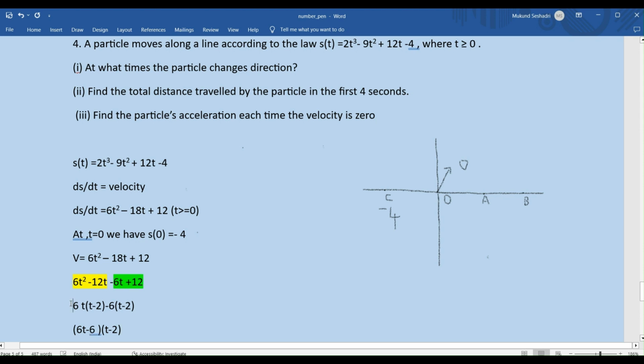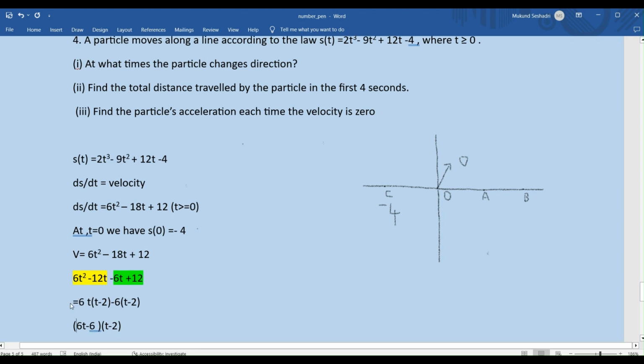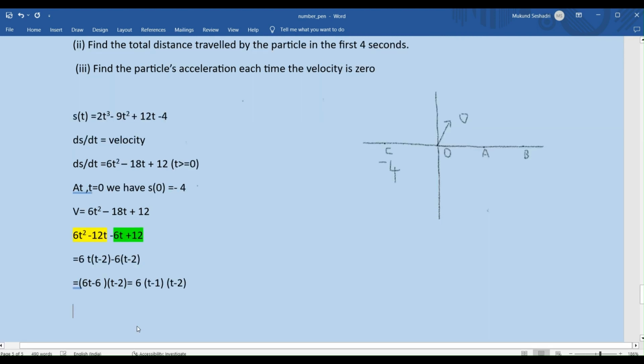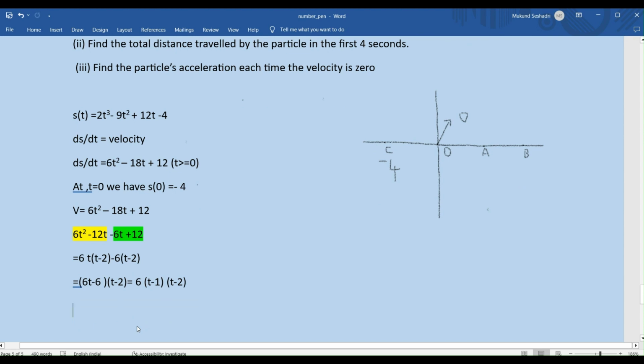So my velocity is basically represented by 6 into t minus 1 into t minus 2. 6 is a common factor. Now you watch this very closely. What do we mean by when the particle changes direction? When the velocity moves from positive to negative or negative to positive, you have the particle changing direction. So we have three combinations here.